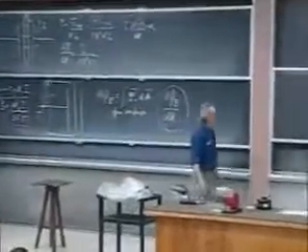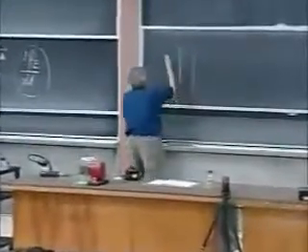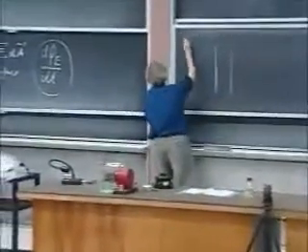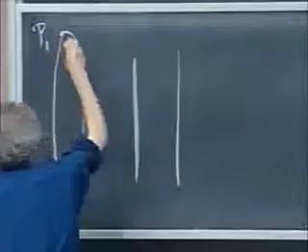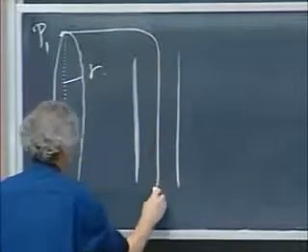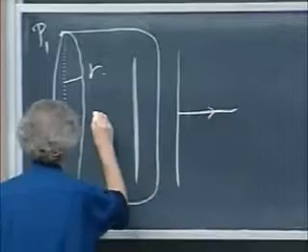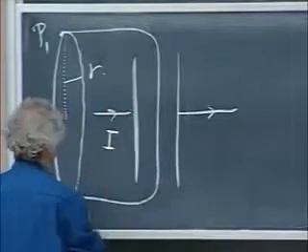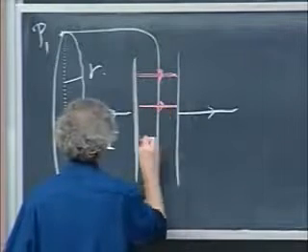And so I make a new drawing. We have here this point, P1. This is my radius, little r. This is my surface going right through here. Here's the current, I. And here's my changing electric field.